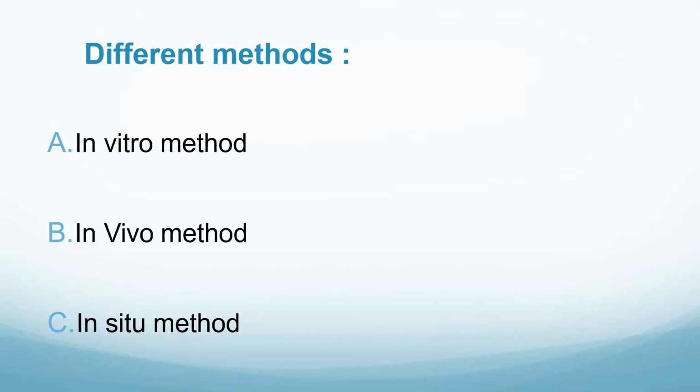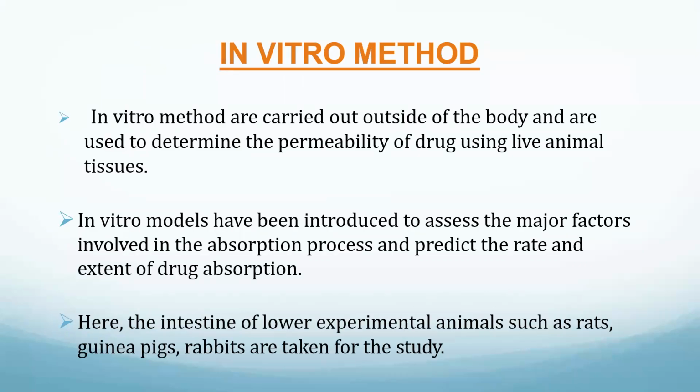So the first method is the in vitro method. What is special in the in vitro method? In vitro means outside of the body. Here we carry out the studies outside of the body.